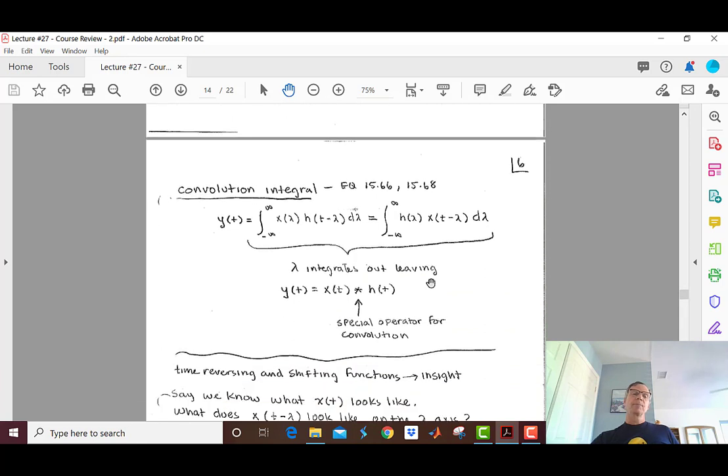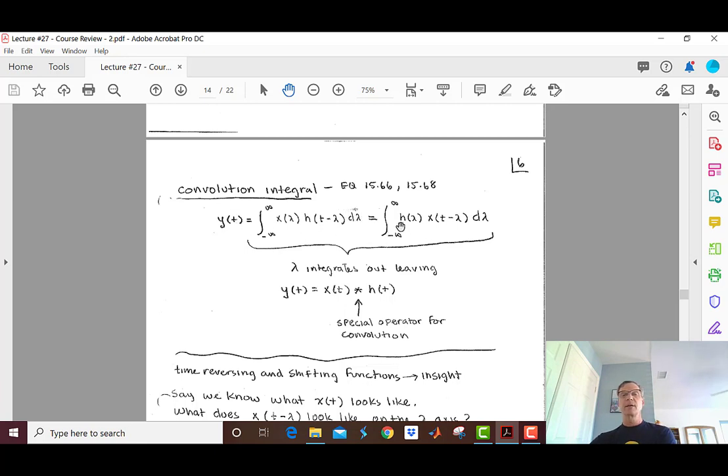Now, formally, we use the convolution integral, and we can express it 2 ways because these are commutative. If we have 2 functions, x and h, we can express it as the integral of x of lambda times h of t minus lambda, where lambda is a dummy variable and it integrates out, thereby leaving us a function of time.